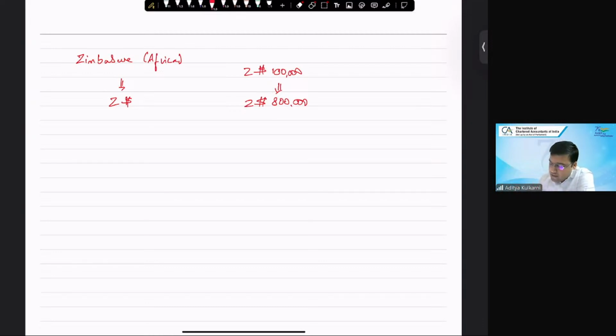That means the paper currency that they had is virtually zero. Let me give you some more interesting insights. They used to pay 10 million Zimbabwe dollars at the height of inflation for one packet of bread. You know, this we call a hyperinflationary economy. Understood?